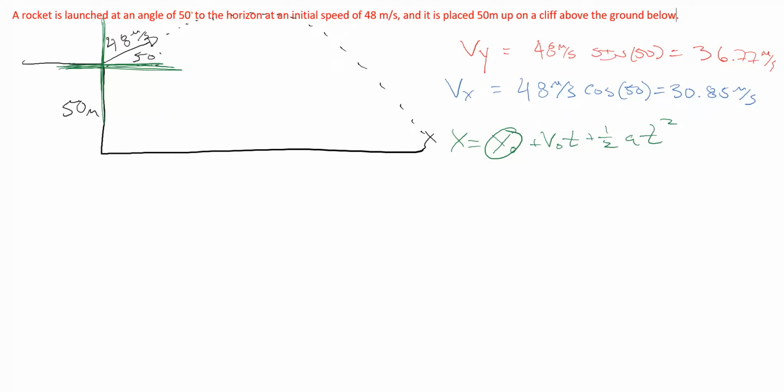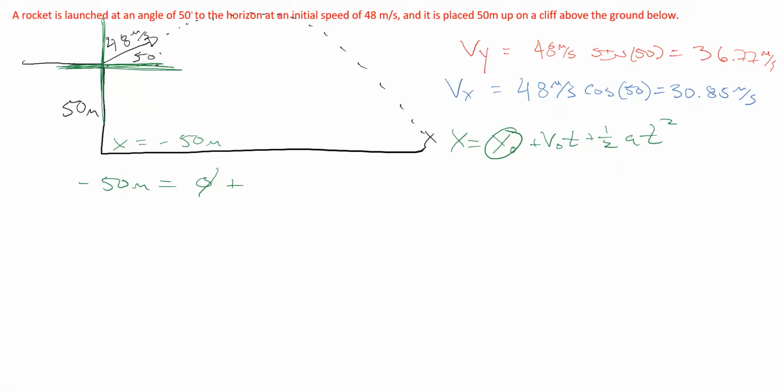Now this is where it becomes really important to keep track of our positive and negative signs. Since up here is going to be 0, the bottom of my cliff, x, is going to equal negative 50 meters. So we'll see what this looks like when we set it up. So minus 50 meters is equal to 0 plus, now my initial velocity, I'm dealing with things that are in the y-plane, so I can only use my velocity in the y-plane.